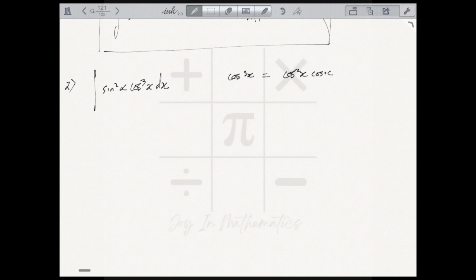Therefore, we can rewrite this to give us sine square x into cos square x multiplied again by cos x dx.